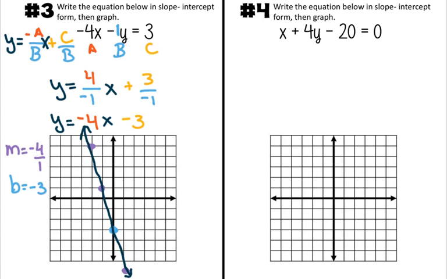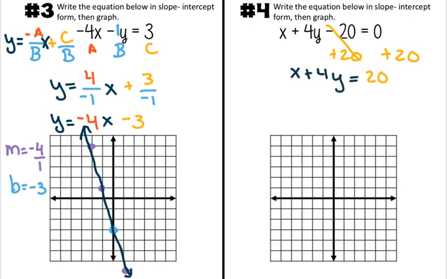Okay, this last problem here is a little bit tricky. We're going to start by moving that constant. So they added an extra step for us. So this one I'm going to do just as I would if I were just changing the equation around. So I need to add that 20. So I'm going to have x plus 4y equals 20.